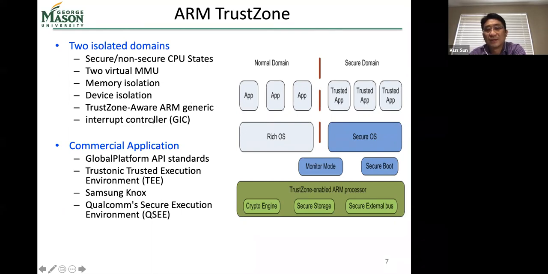This was proposed by ARM, and it has been adopted in industry, like Qualcomm's QSEE and Samsung's Knox. There is also work to define Global Platform APIs for third-party developers to develop trusted applications for the TrustZone architecture.